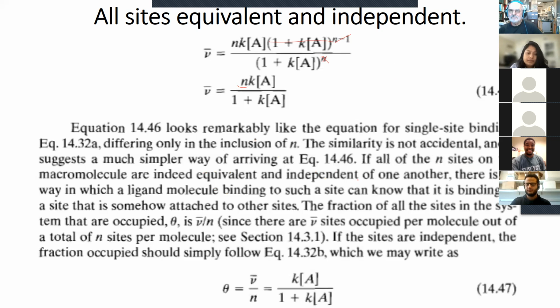So we've redefined the binding curve for n sites, all sites equivalent and independent. If you then divide by n, in this case, all you're doing is bringing n to the left, then you'll get fractional saturation, and it can be expressed as ka over 1 plus ka.